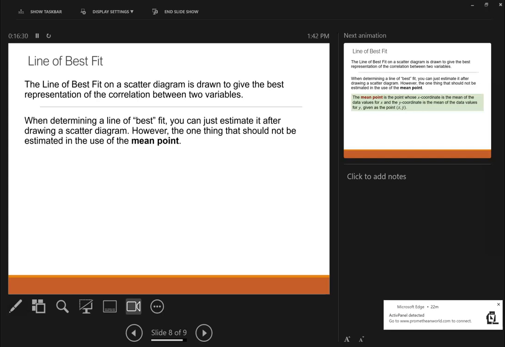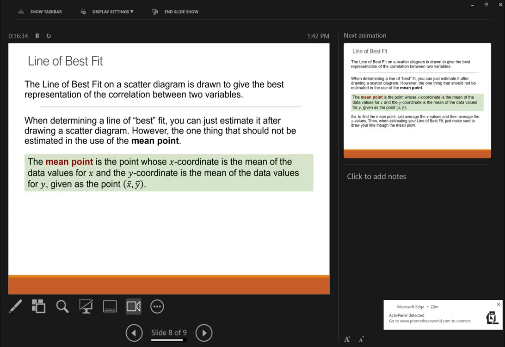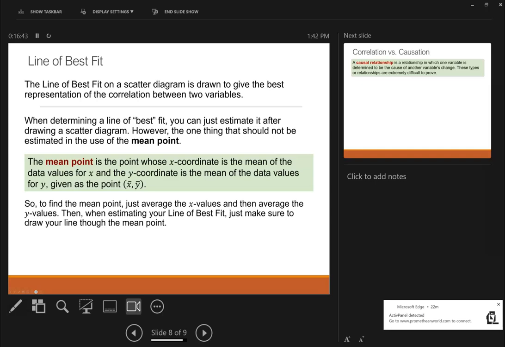Hence, mean point: average x, comma, average y. Everybody okay? So, when we draw our line of best fit, it must go through the mean point.